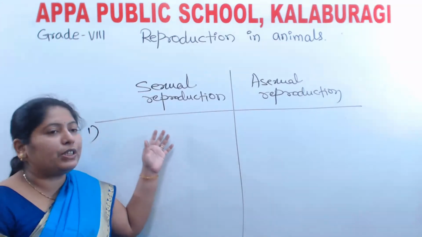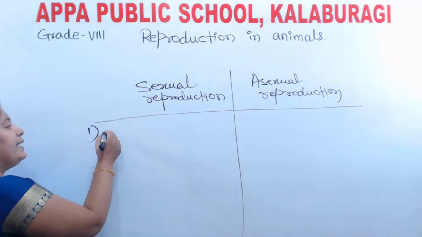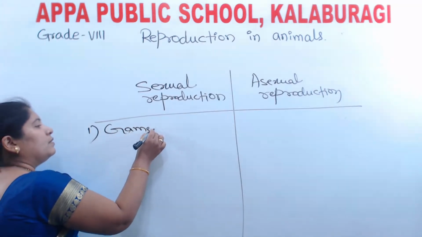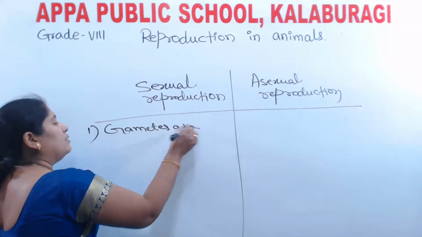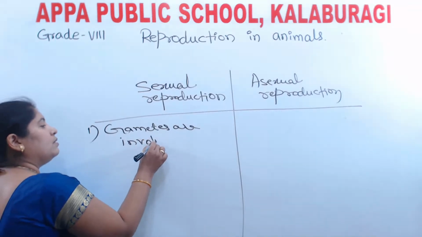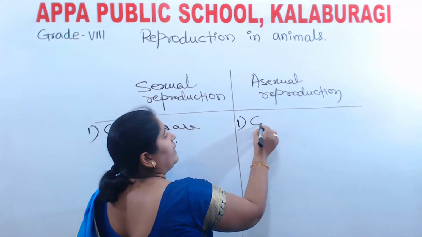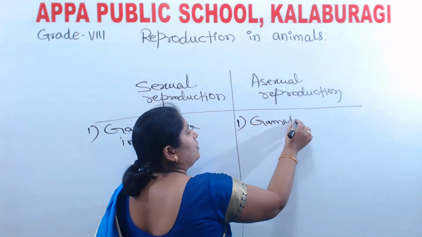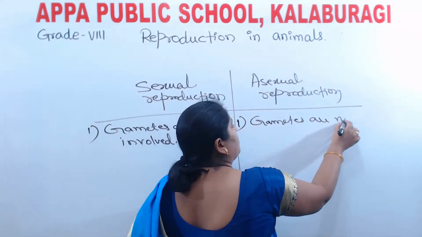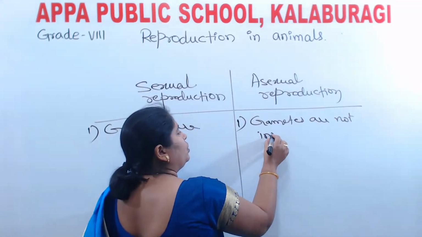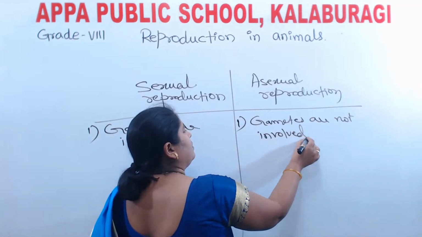In sexual reproduction, we have studied that gametes are involved, right? And in asexual reproduction, gametes are not involved. Gametes are not involved. Right?